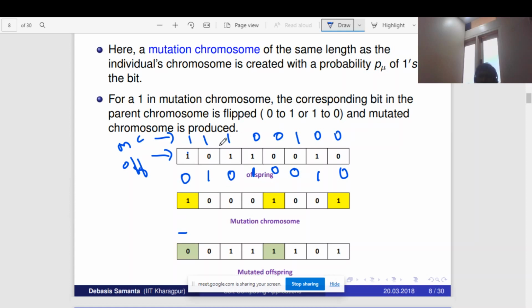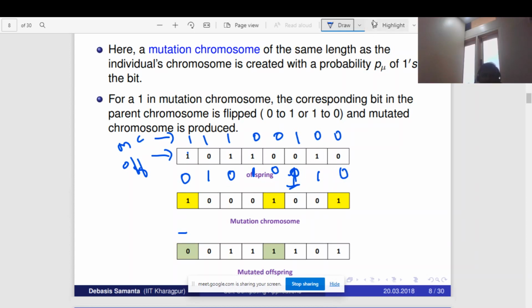Here there are three ones, so all these should be flipped. This one becomes zero. This zero becomes one. This one becomes zero. This is 0 0. So this 1 and 0 will come as it is. This is 1, so this 0 should become 1, and this is 0 0, so the same thing will come as it is.